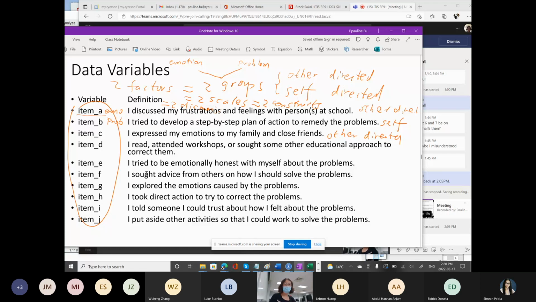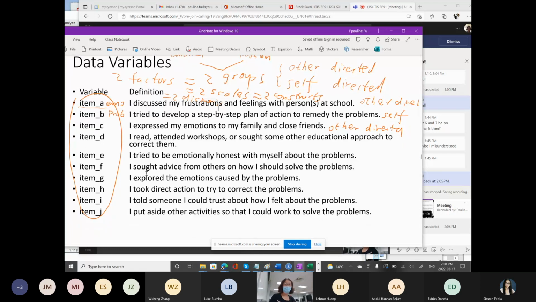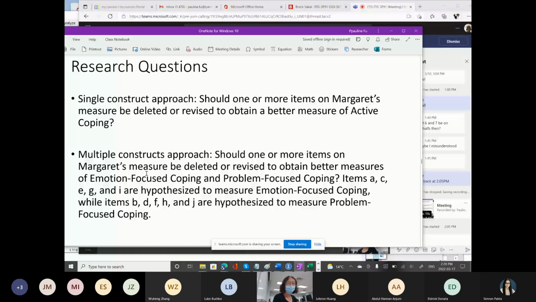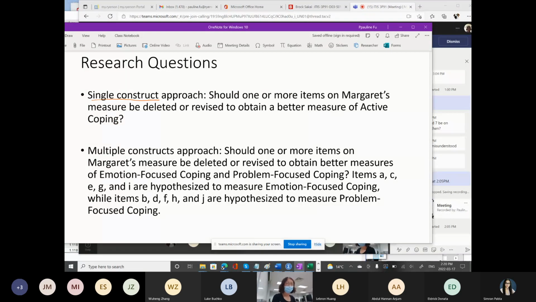So first, we have our data. Now, what is our research question? We can use a single construct approach, or we can use multiple constructs. In this example, it's actually two constructs. For single construct: should one or more items be deleted or revised to obtain a better measure of active coping? That is our research question 1.